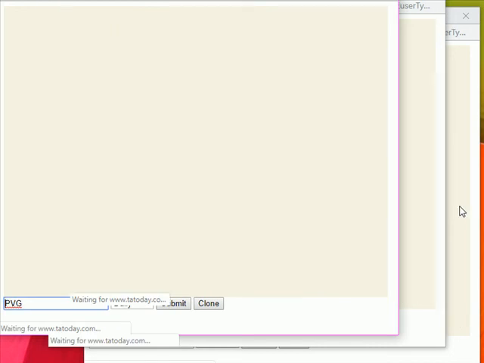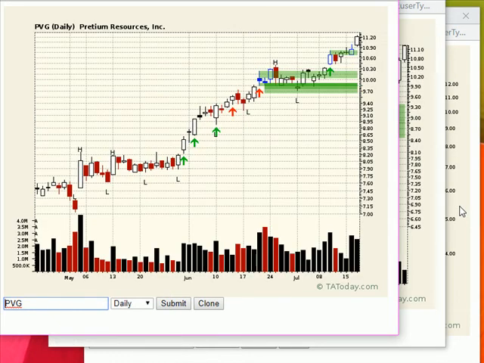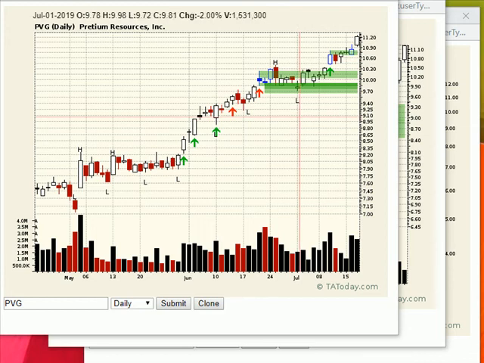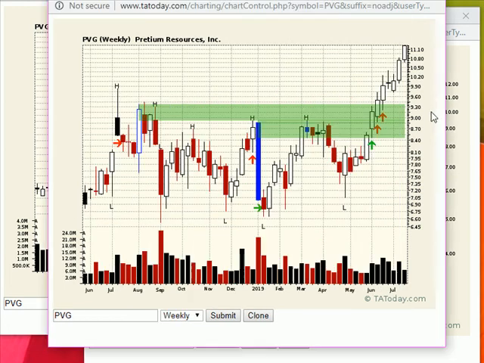PVG, this is a gold stock. Now this stock I actually owned and sold it too early. So my mistake. PVG is Pretium Resources, which is a gold stock.